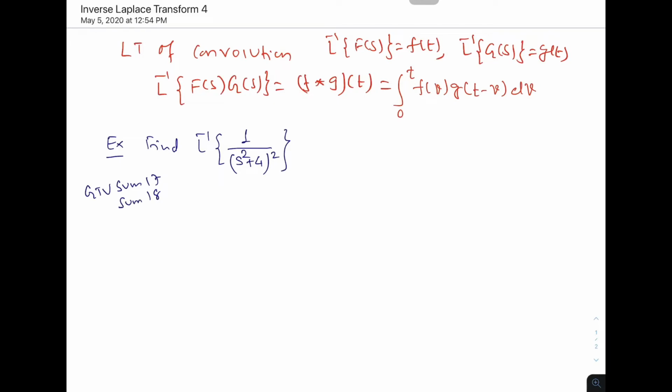See here, the functions that we take are: let F(s) be 1 over s square plus 4, and G(s) also 1 over s square plus 4.